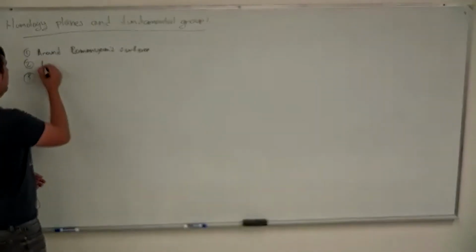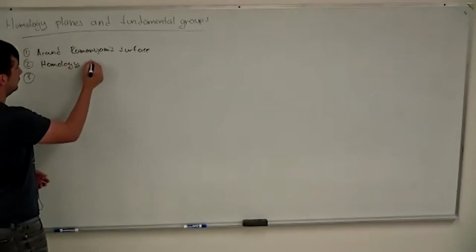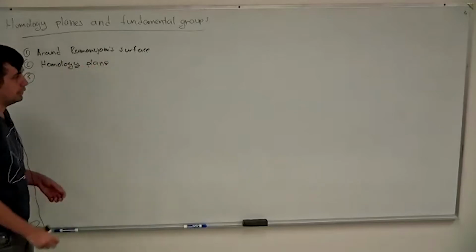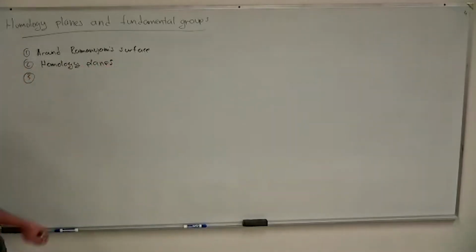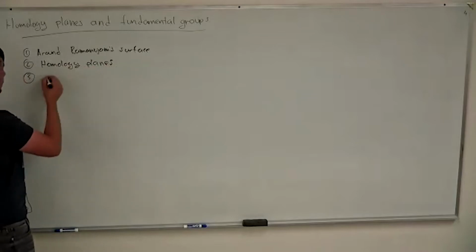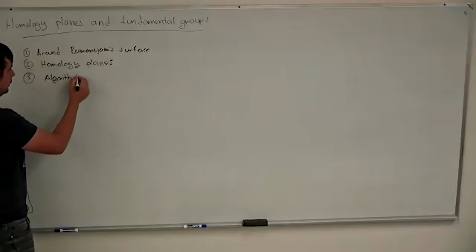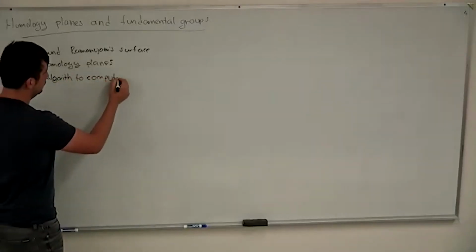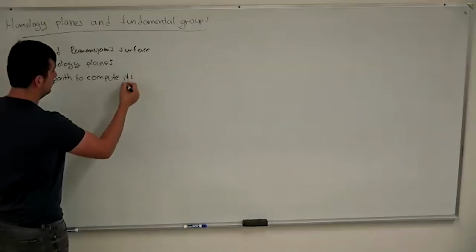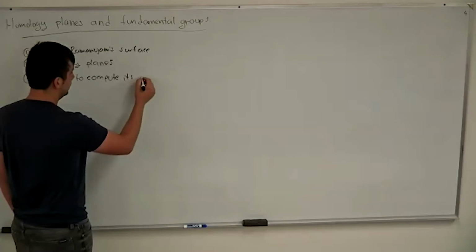And then in 2, I will talk a little bit about homology planes. And then I will finish by giving some ideas of an algorithm to compute the fundamental group, or a presentation of the fundamental group of some homology planes.